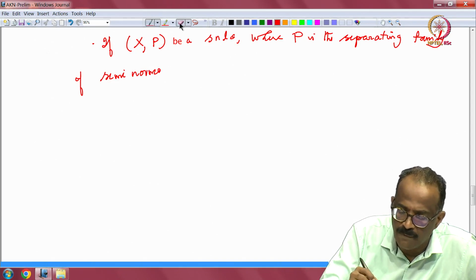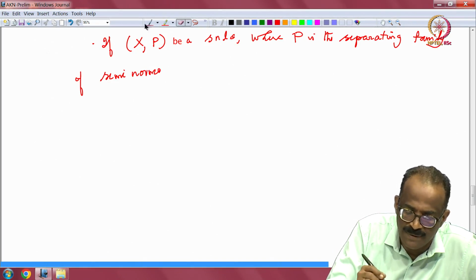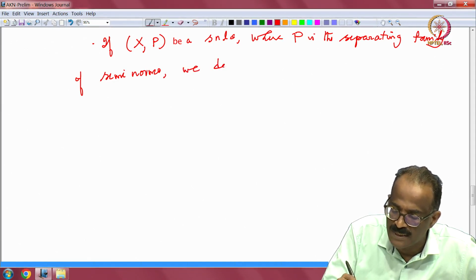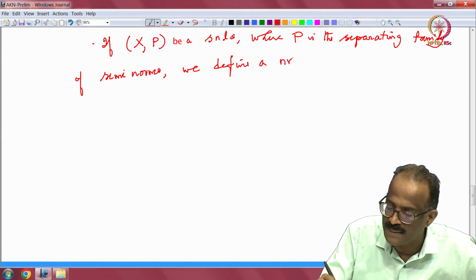We now define a neighborhood system as follows.